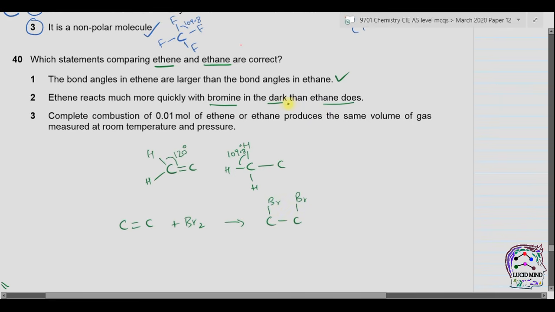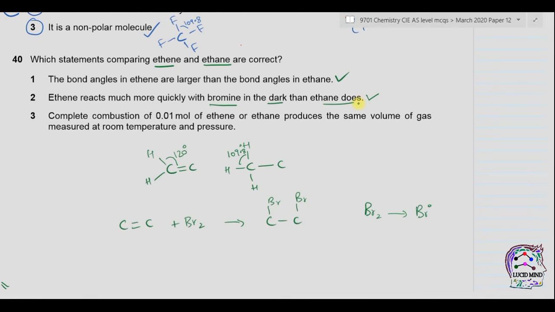Now ethane does not react with bromine in the dark because ethane is a saturated compound and saturated compound does not add something else in it. Ethane only reacts when light is present because light makes the bromine radical, which then substitutes the hydrogen atom present in the ethane. So therefore the second part is true.